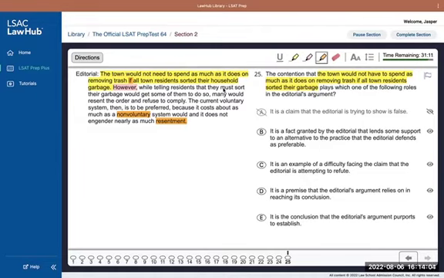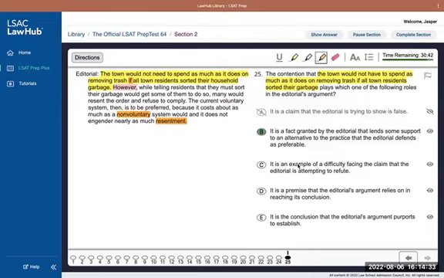Because some of them will do it, and that would be good, but all of them won't. And so overall, it doesn't really make sense to change to that practice. So yeah, I do think it lends some support to an alternative to the practice that the editorial defends as preferable, which is the current voluntary system. It lends a little bit of support to an involuntary system where we tell residents what to do.